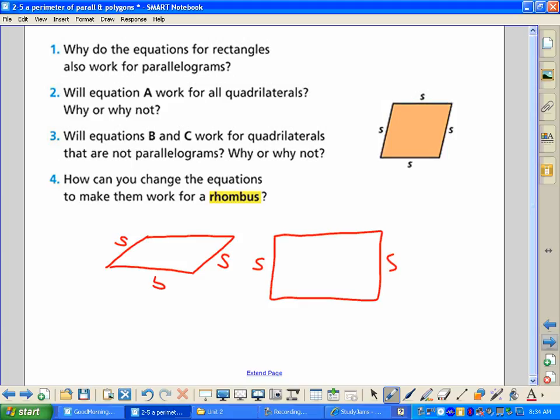And the base would be the top and the bottom of my rectangle, right? So my parallelogram is my rectangle, but they've taken the top of it and shoved it over. Here's the top. It's a slanted rectangle. It looks like a slanted rectangle, so that's why it'll work for both, okay?